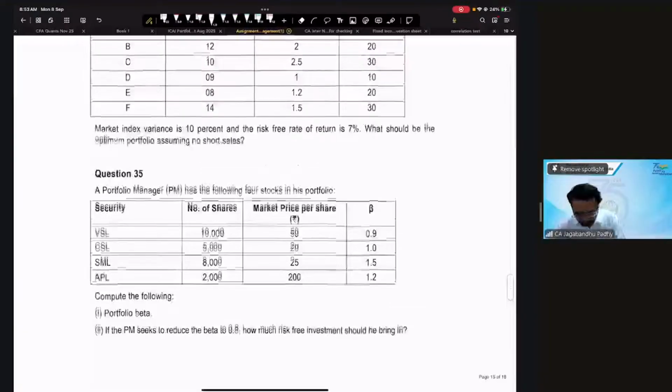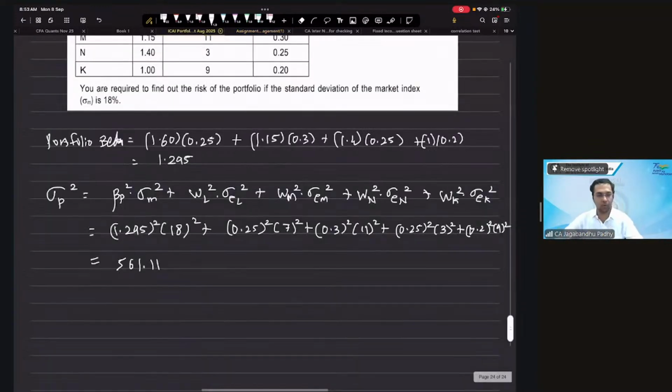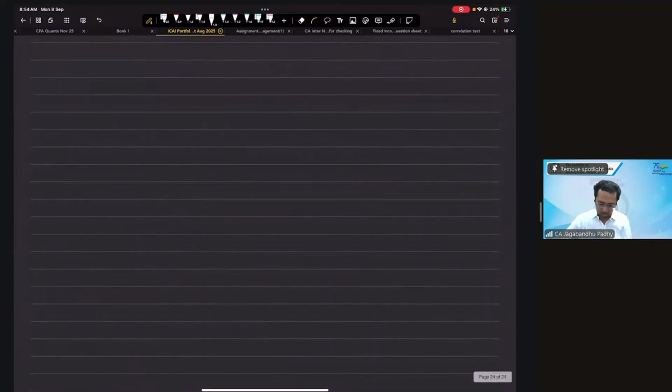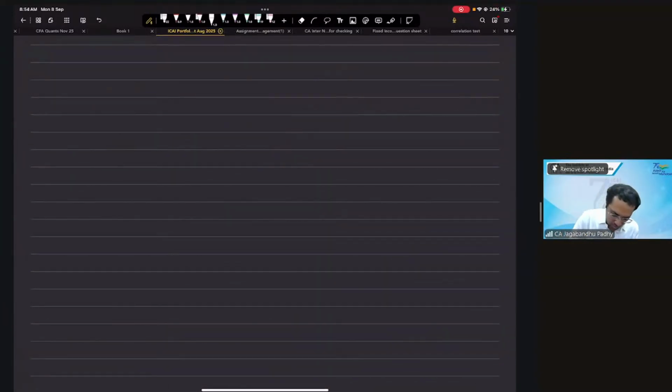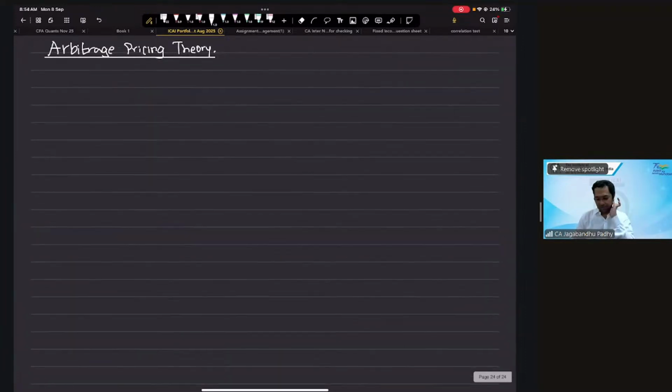Then let me just take you forward with the next concept, or next model rather, in the portfolio management. So we are essentially looking at the last model that we have, which is called arbitrage pricing theory.